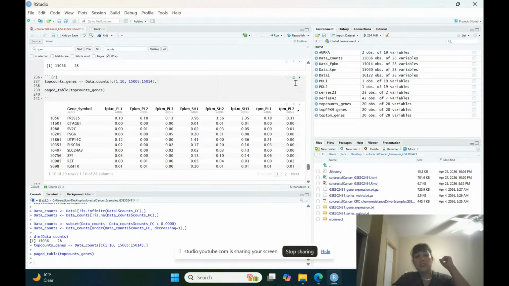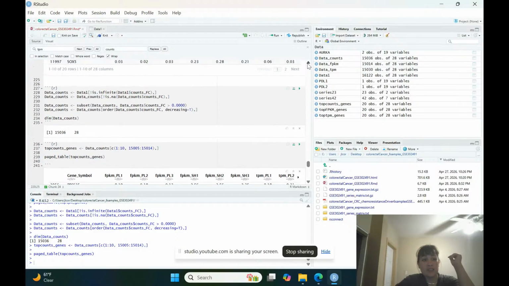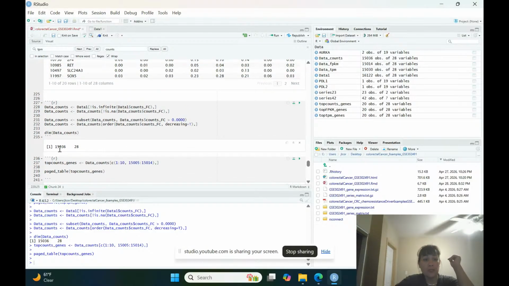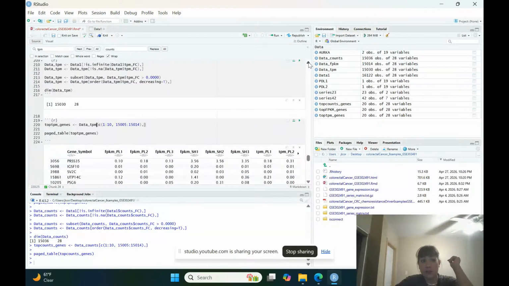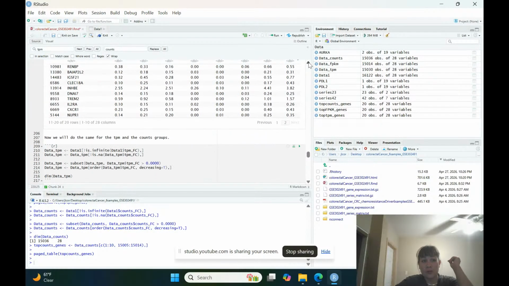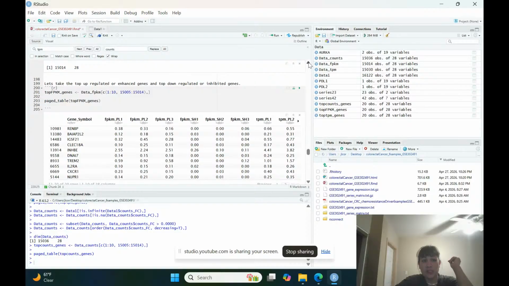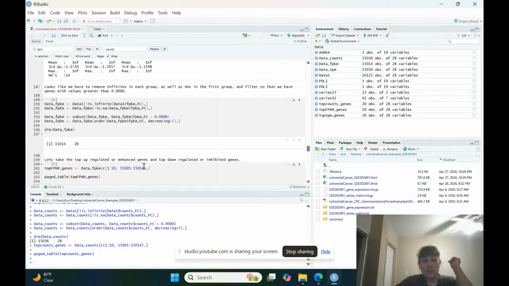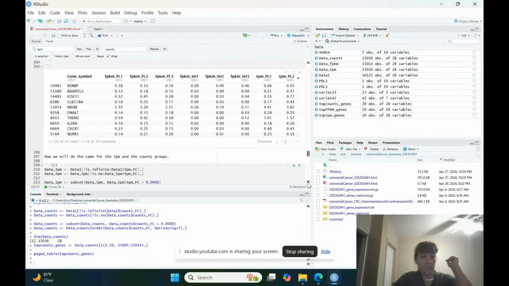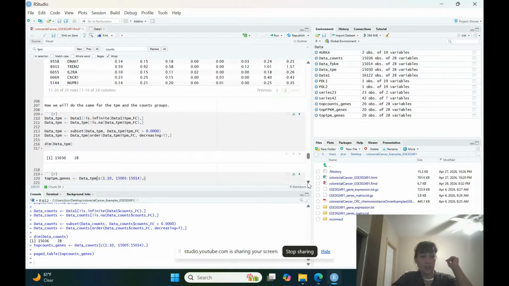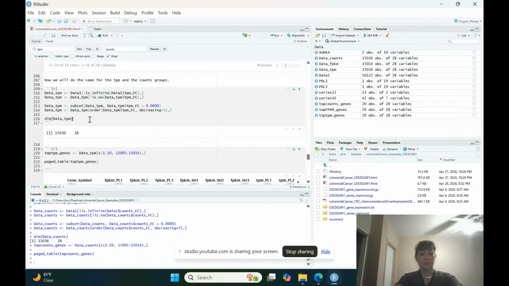Oh, we need to make the last number respective to the dimensions. 15,014 was appropriate for this data, but not for the TPM data, which is 15,030 by 28.